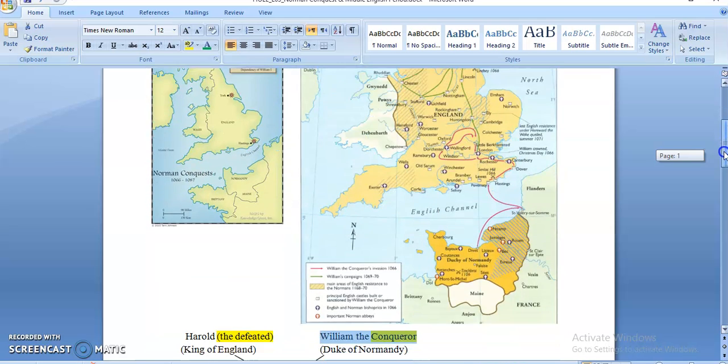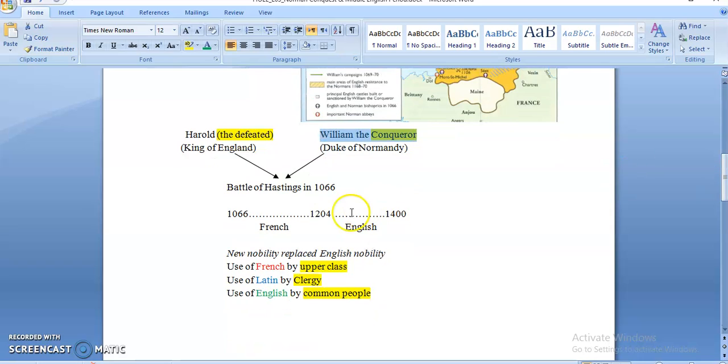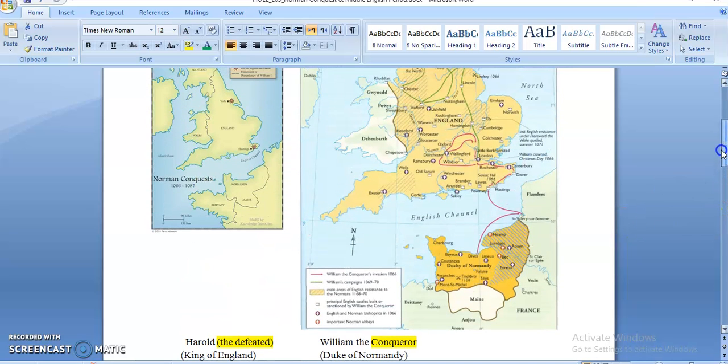So from 1066 AD up to 1204 AD, that is around two centuries, rather, during this period of time, the Normans not only ruled England, they also had links with Normandy or France.